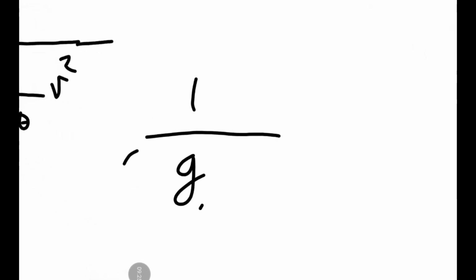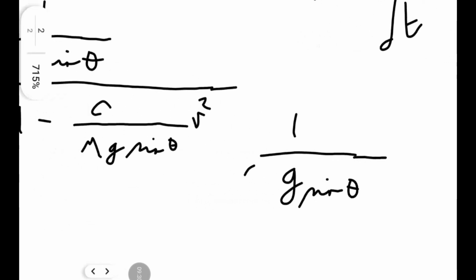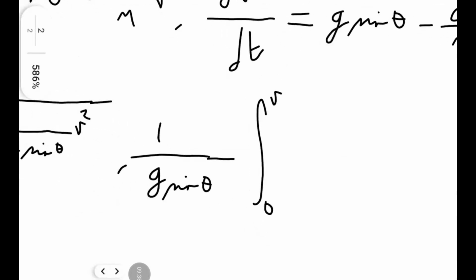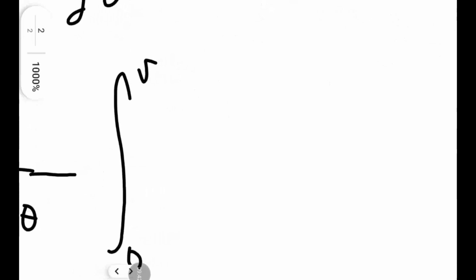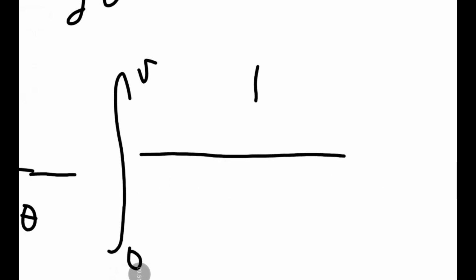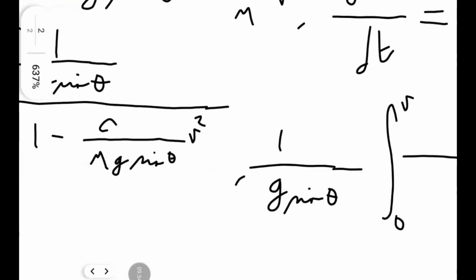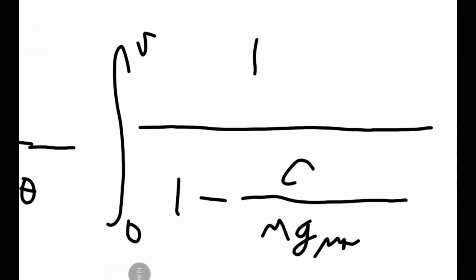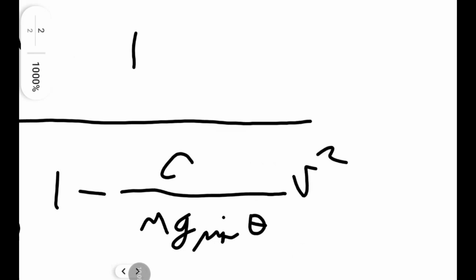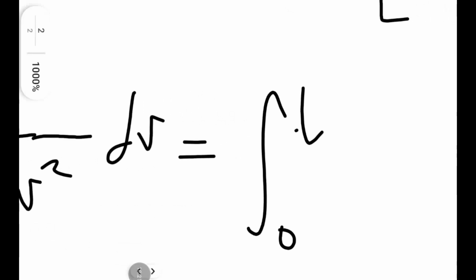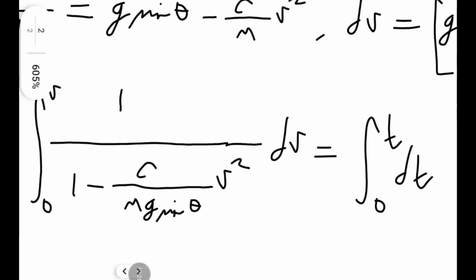It's 1 over g sine of theta, and then the integral between 0 and v of 1 divided by 1 minus c over m g sine of theta v squared dv, is equal to the integral between 0 and t of dt. So there we've got the final format. That's a good format.